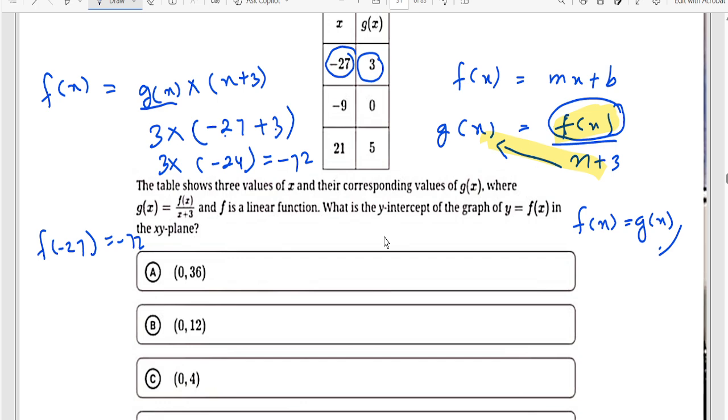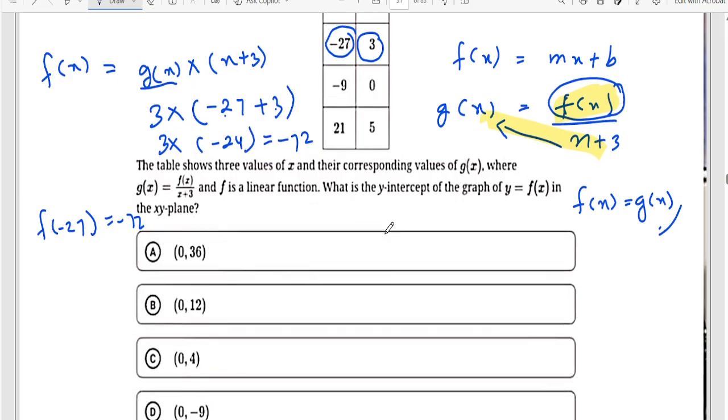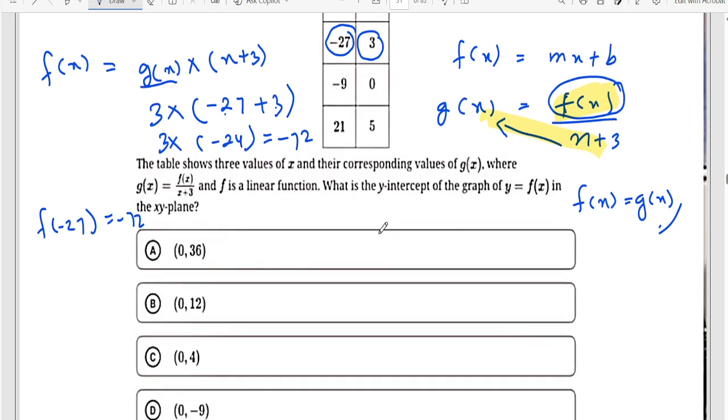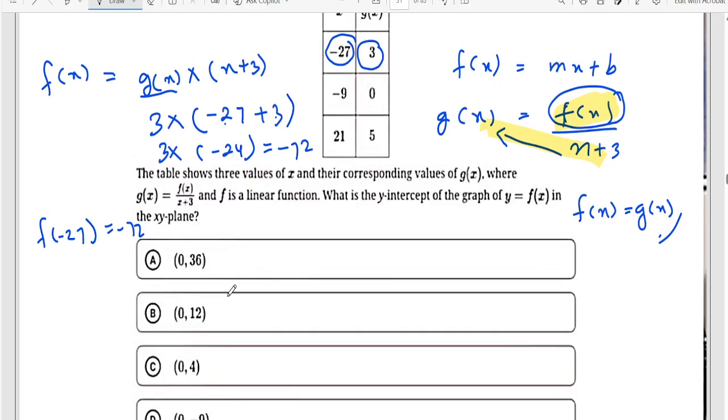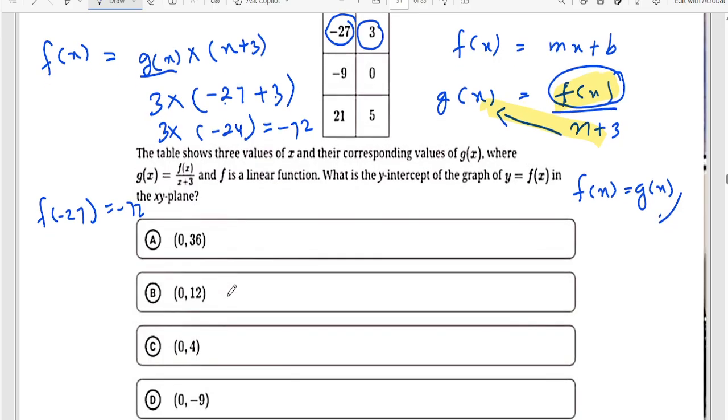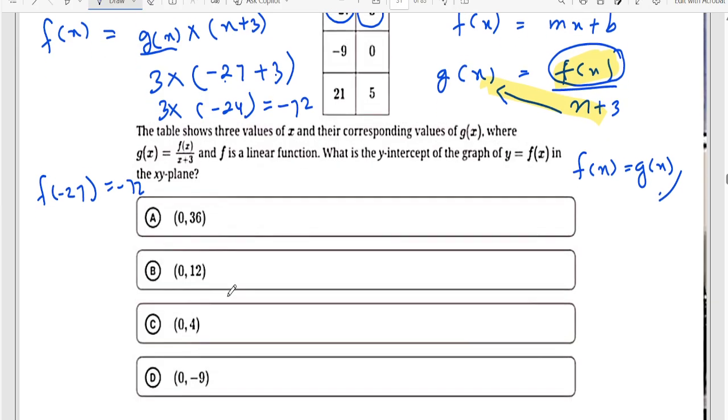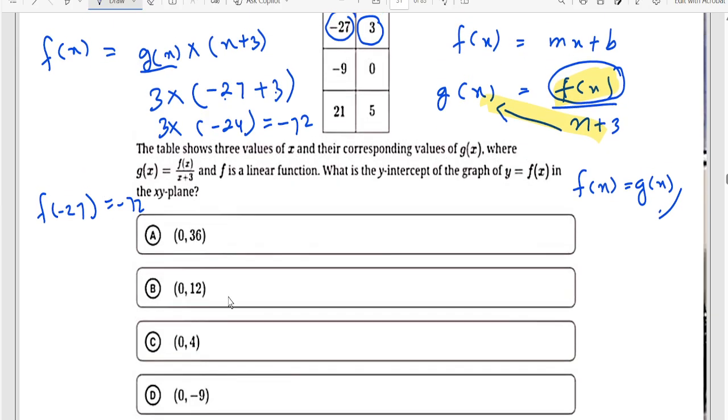This is what I got. Now after this, I have this 72. Basically, if I plug these values into slope intercept form, mx plus b, I have f(x) is equal to mx plus b.